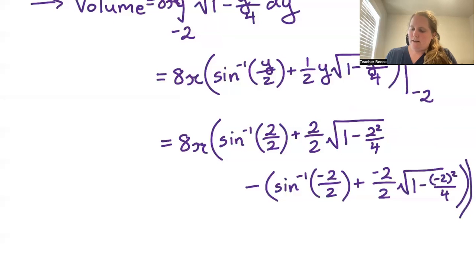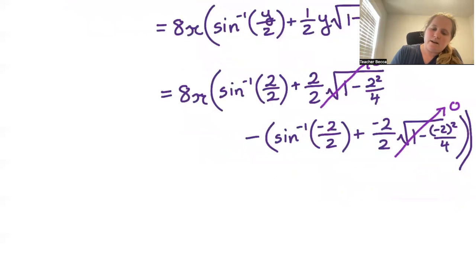And then all of that, again, was multiplied by the 8 pi out front. So just note that the square root of 1 minus 2 squared over 4 is just the square root of 1 minus 1, or 0. Similarly, the square root of 1 minus -2 squared over 4 also goes to 0.